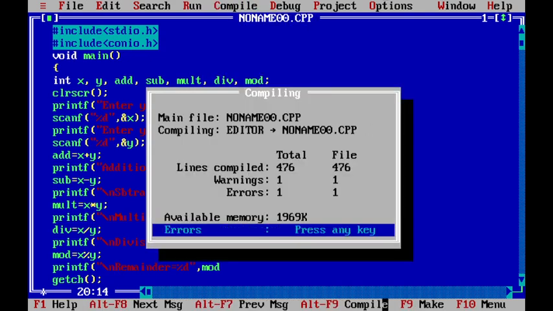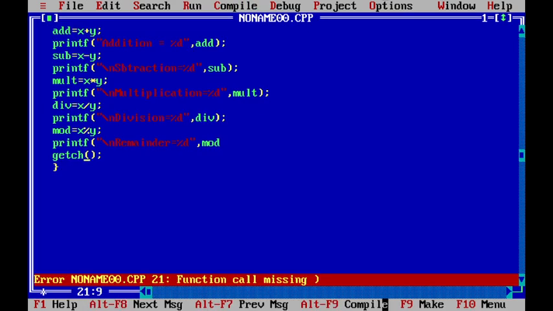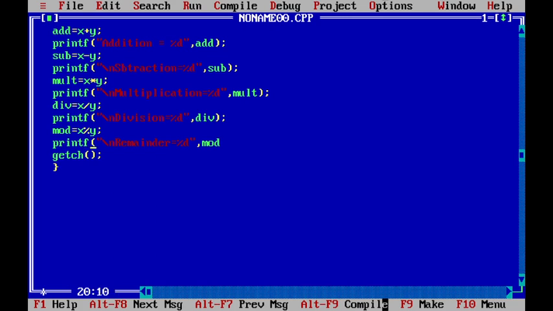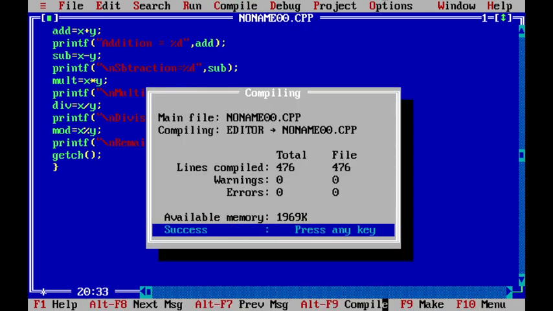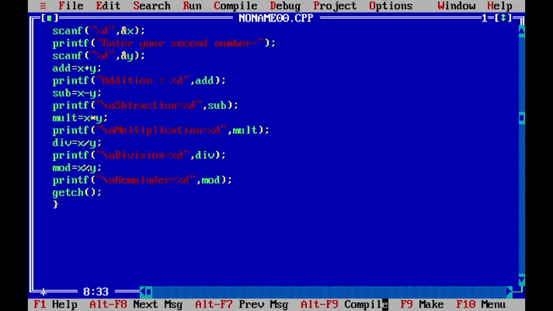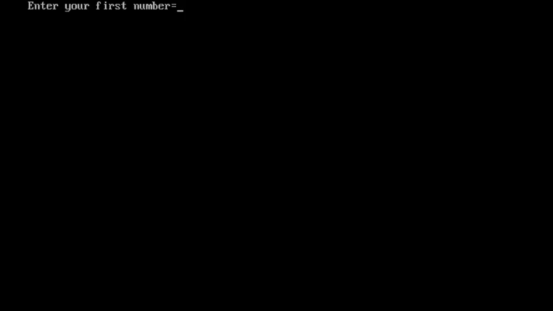If we compile, there is one error with mod. Now if we compile here, 0 errors. Now if you run, enter your first number 5, second number 2. Here addition is 5 plus 2 is 7, subtraction is 5 minus 2, 3, multiplication is 10, division is 5 divided by 2 is 2 only, because x and y are integers.